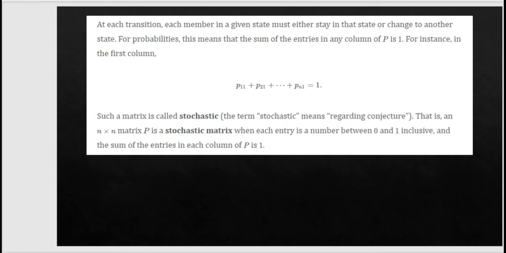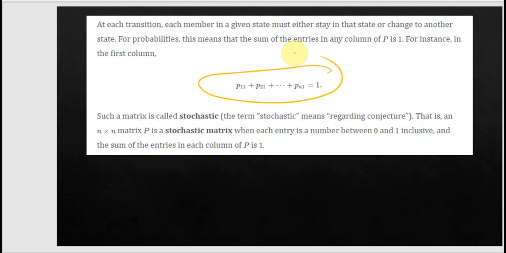For probabilities, this means that the sum of the entries in any column of P must be 1. And so if you take a column here, we add these entries up, and those entries should add up to 1. Such a matrix is called stochastic.